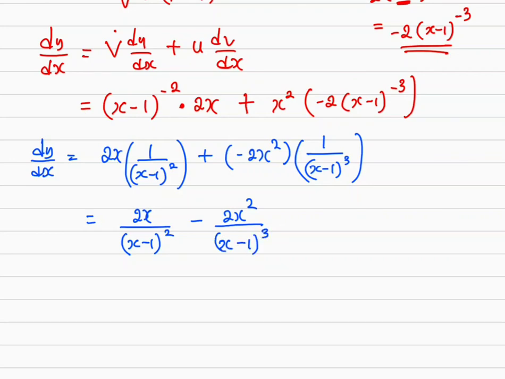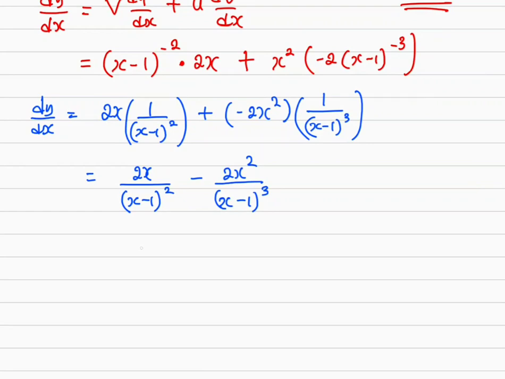Now I wouldn't want to leave my work like this, so I'm going to find the LCM. The LCM is (x minus 1) raised to power 3. When we divide (x minus 1) cubed by (x minus 1) squared, of course it is x minus 1, times 2x. That's simple fraction work, and this is minus 2x squared over the LCM.